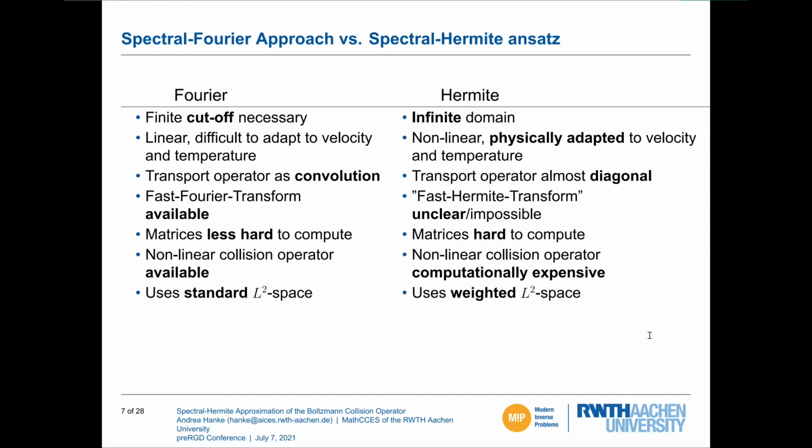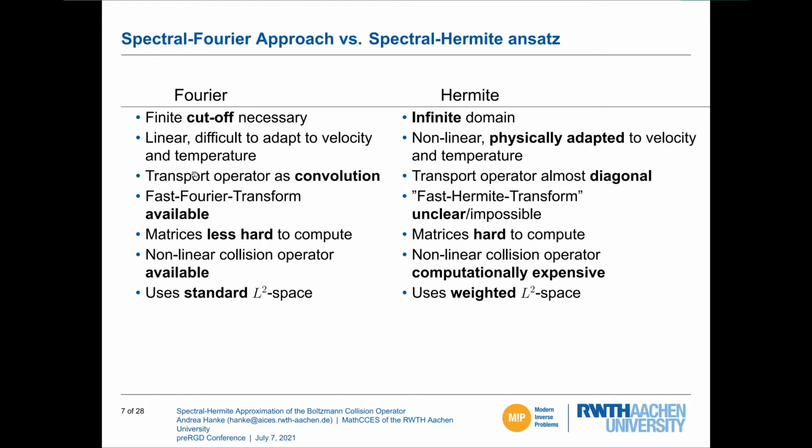In the Fourier approach, you need a finite cutoff in the velocity space, whereas in the Hermite ansatz, you can deal with the infinite velocity domain. The Fourier approach is linear and relatively difficult to adapt to velocity and temperature, whereas the Hermite approach is nonlinear and physically adapted to velocity and temperature.